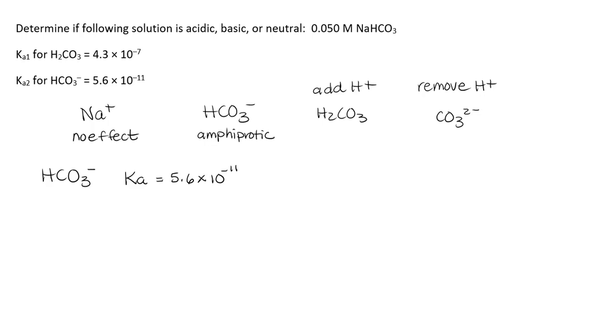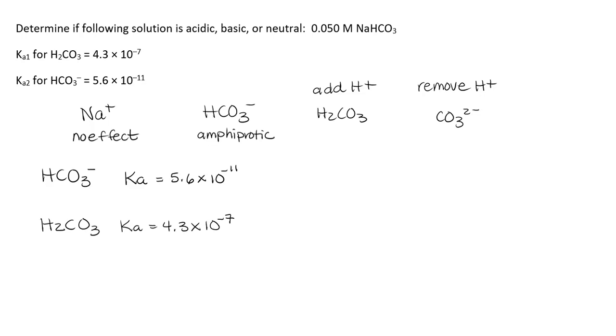So now we're going to add the H+ to bicarbonate, and we get the chemical formula H2CO3. Now H2CO3 has a Ka. The Ka, which is shown, is 4.3 times 10 to the negative 7.